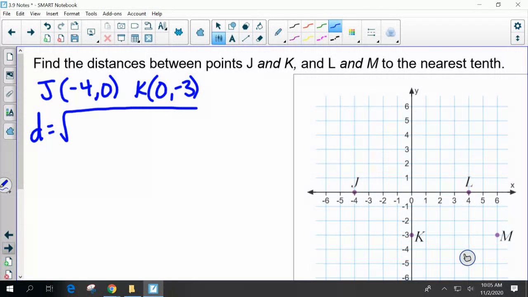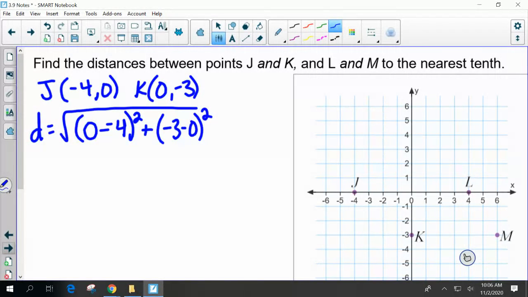So x2 minus x1, so 0 minus a -4. Now that happens to be a double negative, because the minus sign is already in the formula, and then my coordinate happens to be negative. And then I have a plus sign in the middle, and then -3 minus 0 squared.